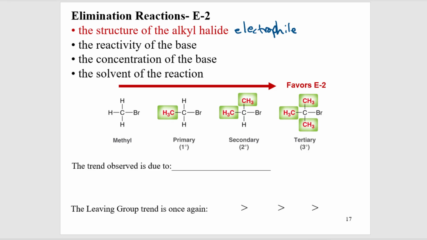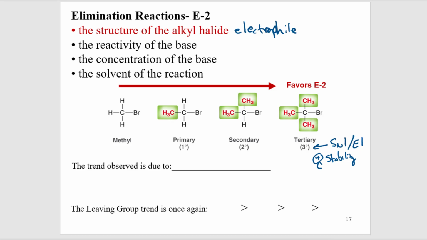We favored tertiary for SN1 and E1. Why? Because you're forming a carbocation in those mechanisms, and it was all about the stability of the carbocation. But we're not forming a carbocation here. So if I want to do E2, why is tertiary favored?